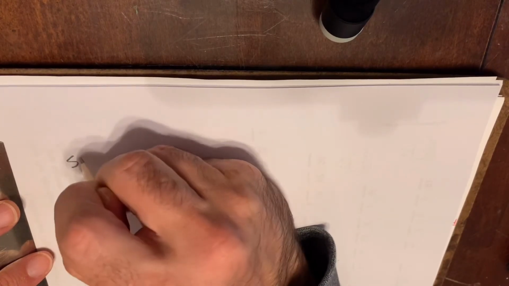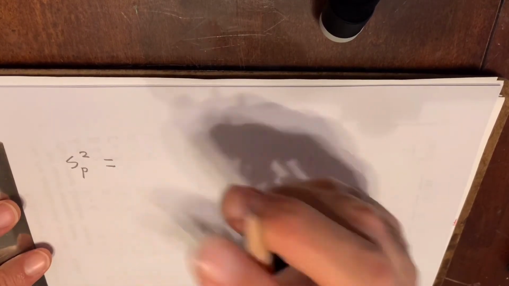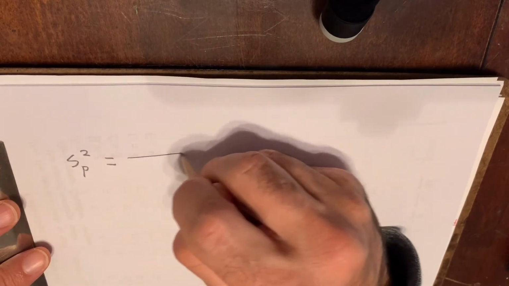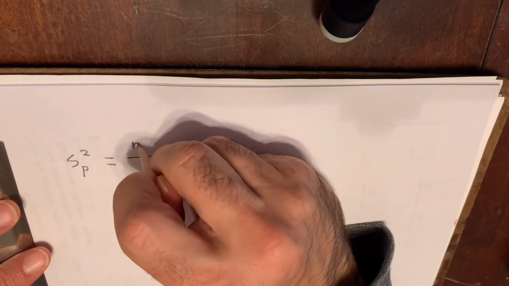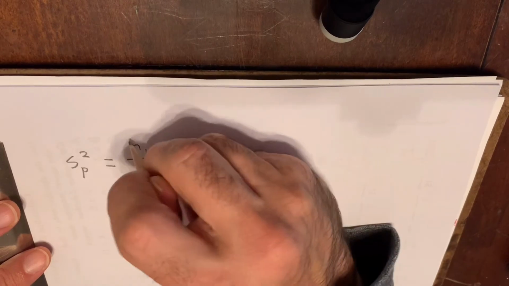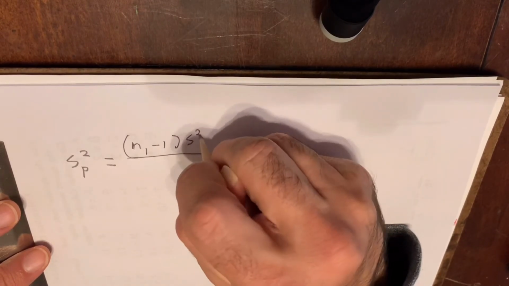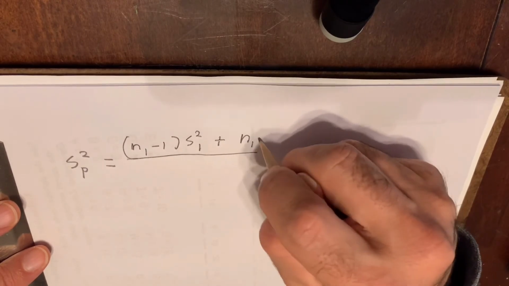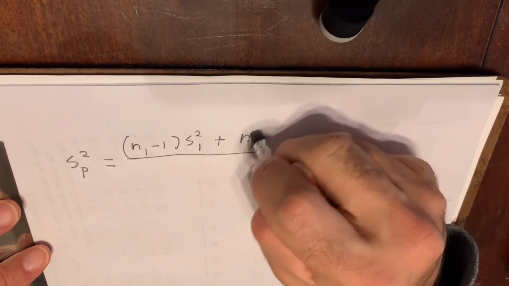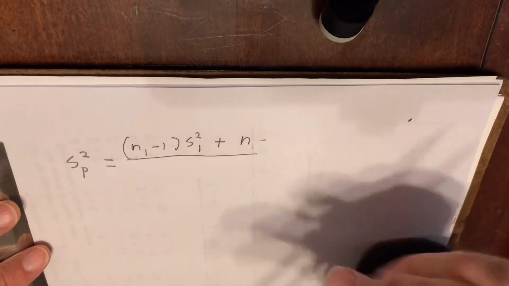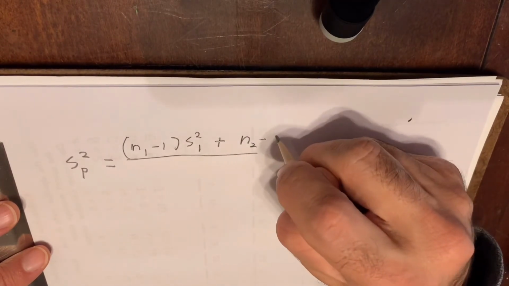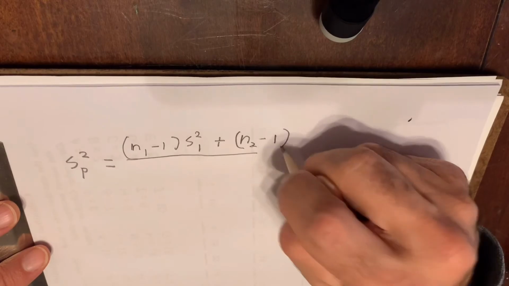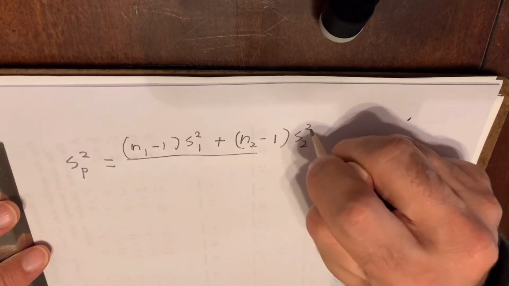The next step is just to write down the formula. So remember, the pooled variance estimator is given by n sub 1 minus 1 times s sub 1 squared, plus n sub 2 minus 1 times s sub 2 squared.